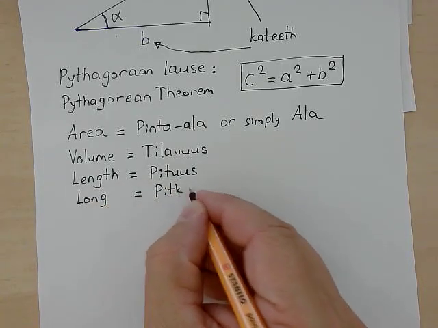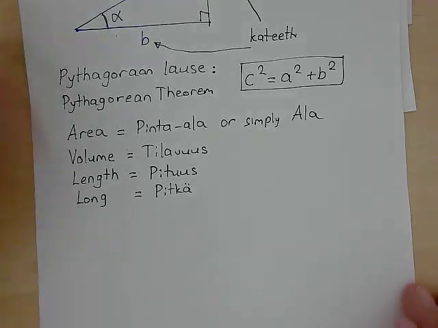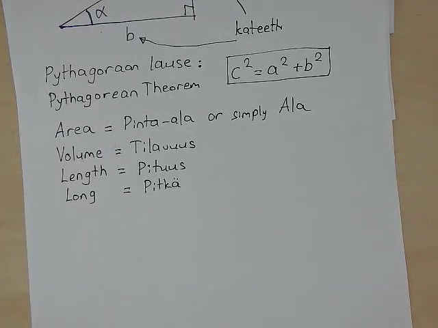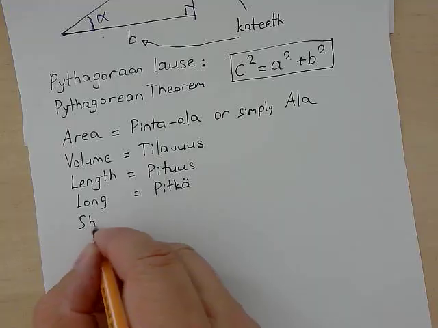So you can understand the similarities of the word. If something is long, and you want to know how long that is, you call it pituus. Well, let's take the opposite of that, short, lyhyt.